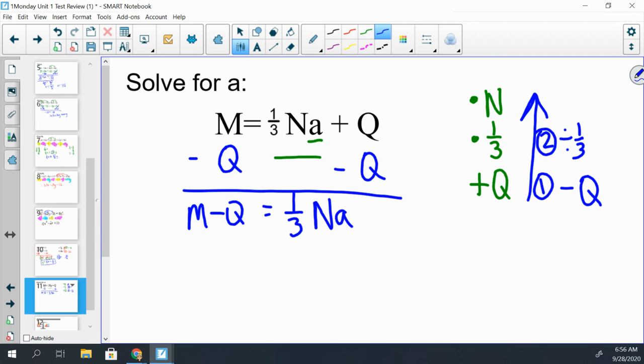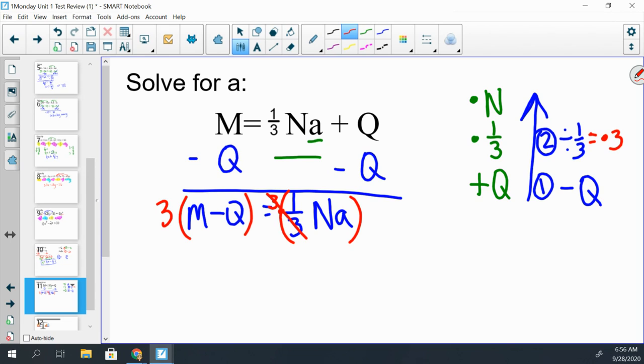I can plug that into Desmos, but what we really need to recognize is that dividing by 1/3 is the same thing as multiplying by the reciprocal, and the reciprocal of 1/3 is 3. So if I multiply both sides by 3, those are equivalent. If I multiply here by 3 and here by 3, these 3's end up canceling out.